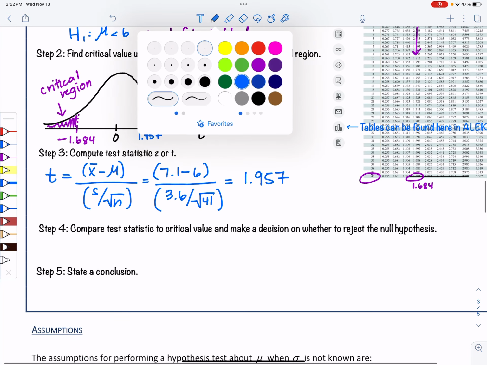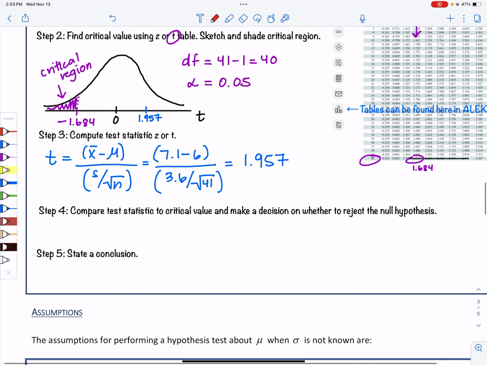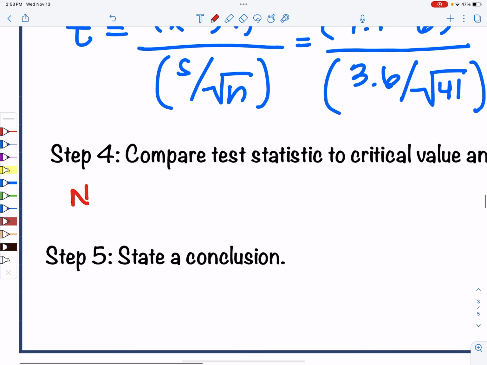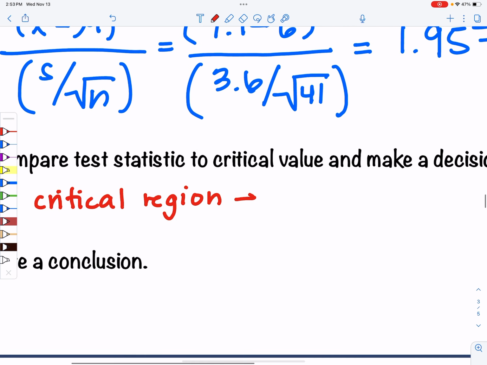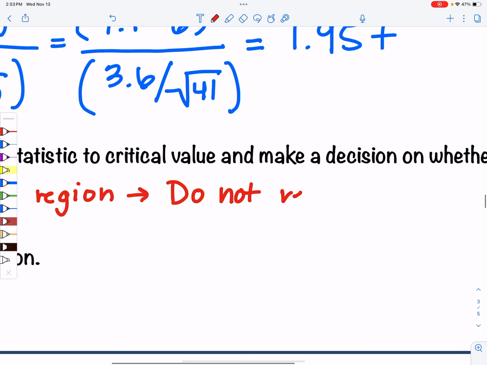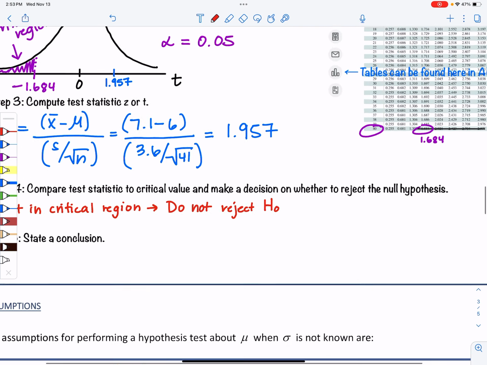All right, but again, what's important is that our test statistic is not in the critical region. And therefore, we do not reject the null hypothesis.